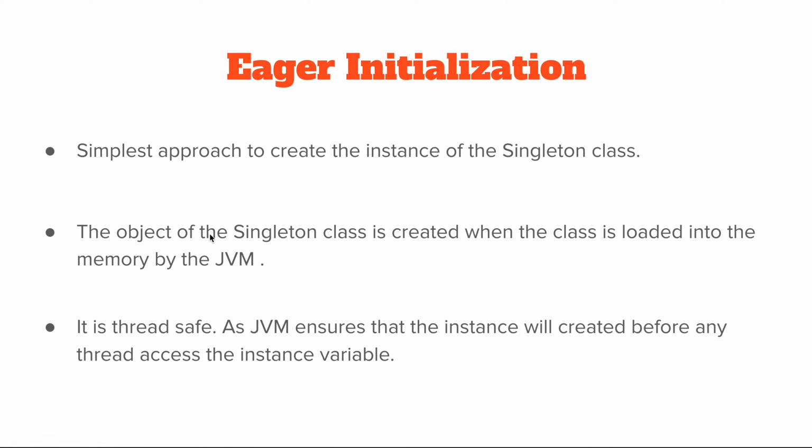The second point is that the object of the singleton class is created when the class is loaded into the memory by the JVM. Whenever we run our application, the classes are loaded into the memory by the JVM. So at that time, the instance of this class will be created.